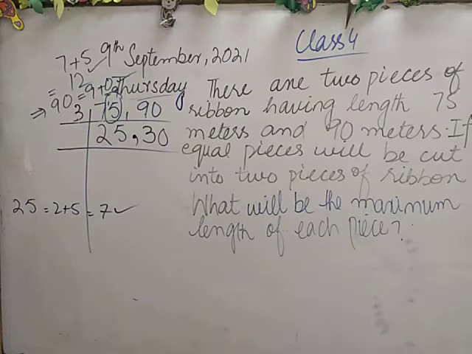I will not take 7 again. I will not take 3 again. Fine. Now 3 plus 0 is 3, which is divisible by 3.